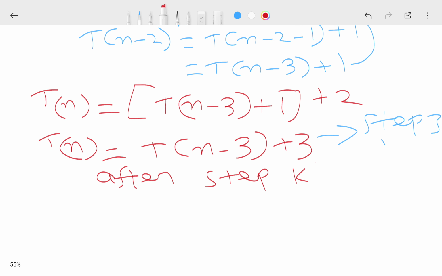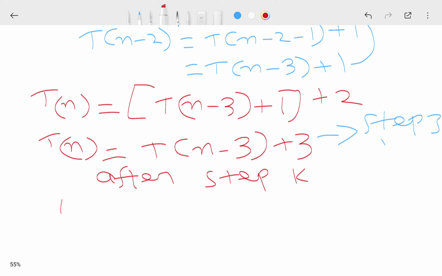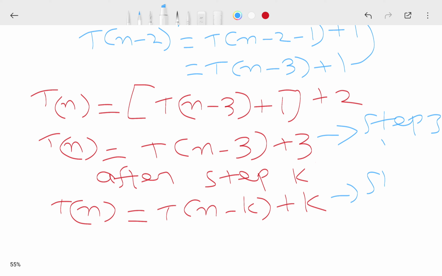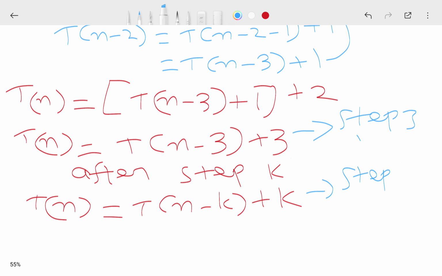So if it follows the same pattern after the kth step, the T(n) value will be like this: T(n) equals T(n-k) + k. So this will be after step k.